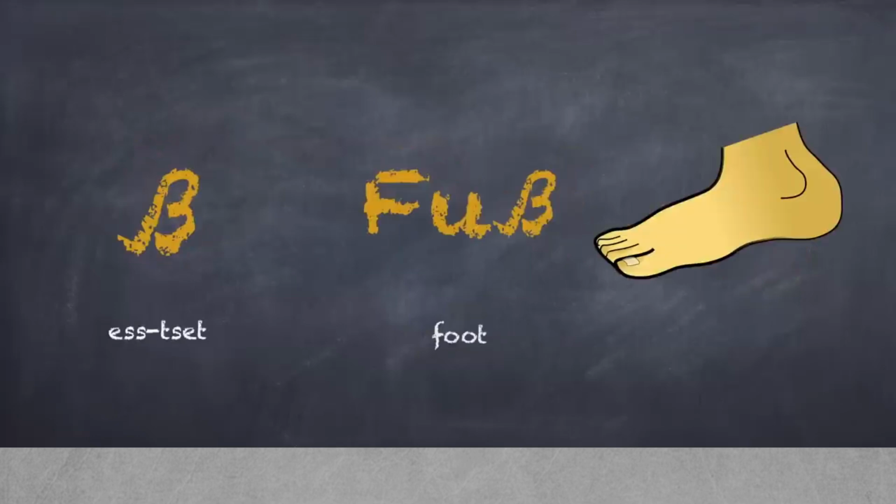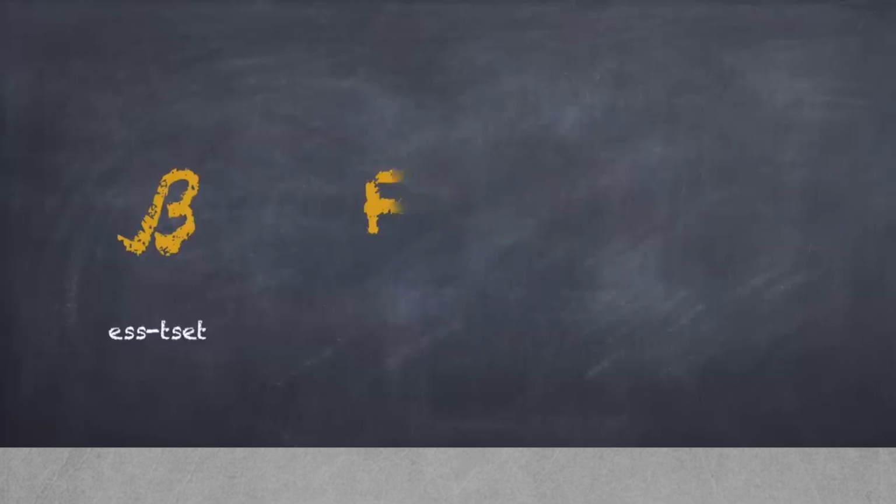The last one looks like a beta sign. That is SZ, Fuß. It is the same as when you would bring 2 S together. Together now, these are the 30 letters of the German alphabet.